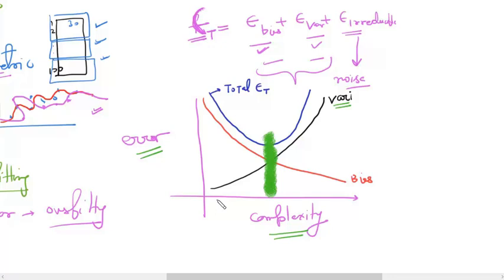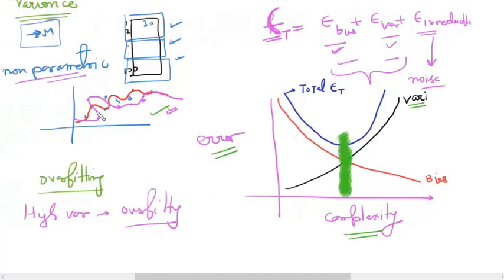The equation of the line would not change if you change the inputs to your model, and hence the error is small. But as you move towards a more complex model, so imagine the complex shape that we see here, this is a very complex model and it has high variance. So as the complexity increases, the error due to variance increases.